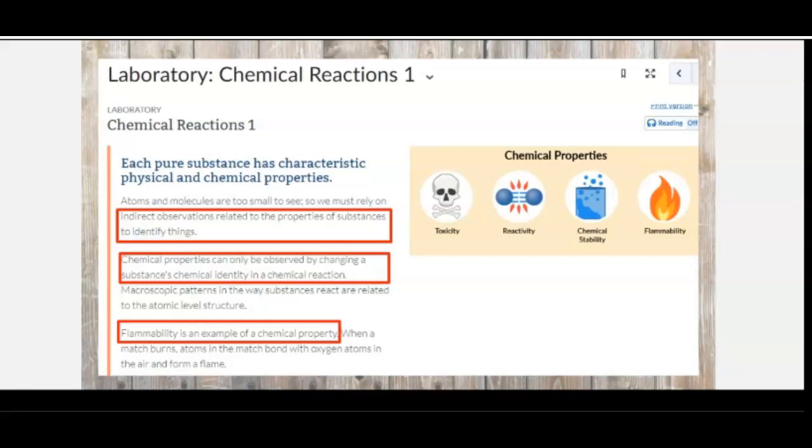What are some chemical properties? Thank you, Juliana. We've got toxicity, reactivity, chemical stability, flammability. Thank you so much for putting those in chat. So those are other chemical properties that we could look at.